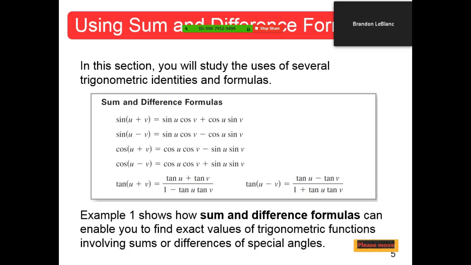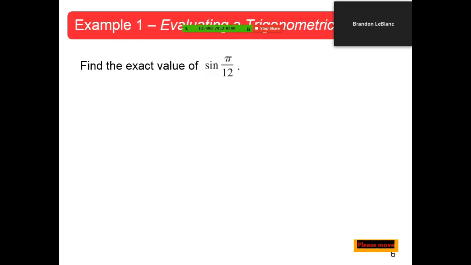So, and that's going to be one use of the sum and difference formulas, being able to evaluate some angles exactly that you wouldn't have been able to do otherwise. So here's example 1. Find the exact value of sine of pi 12ths. Now, you could plug it into a calculator and you'll get an approximate value. It may be good for 9 digits or so, but it's still an approximate value.